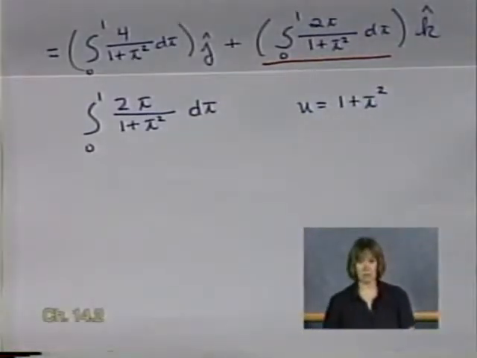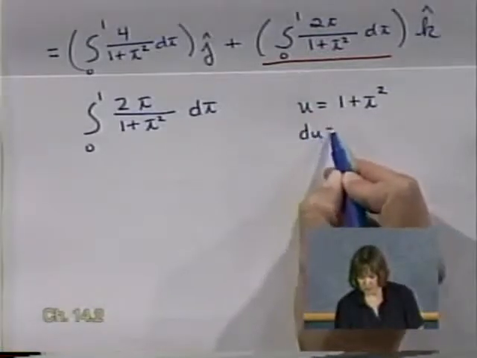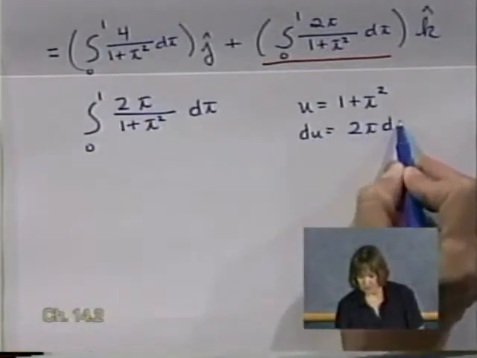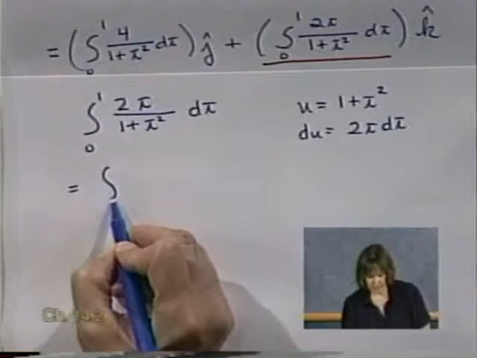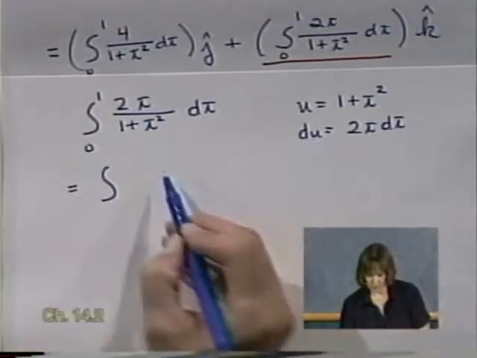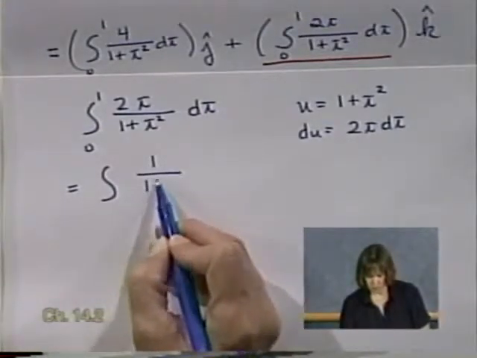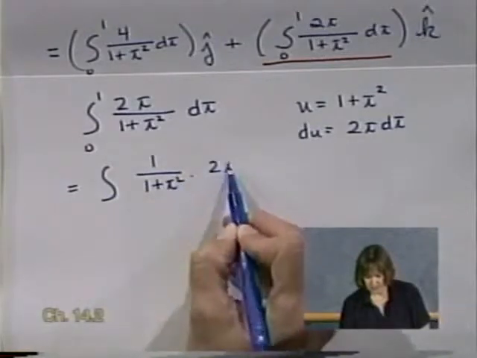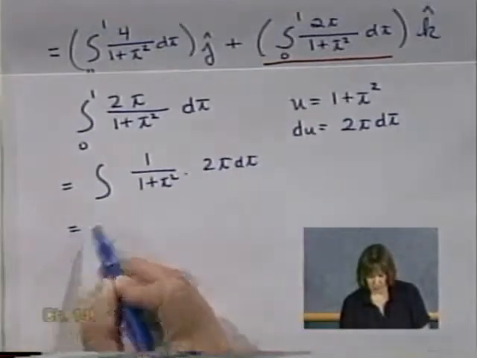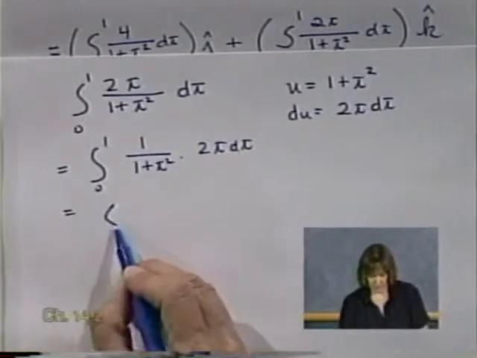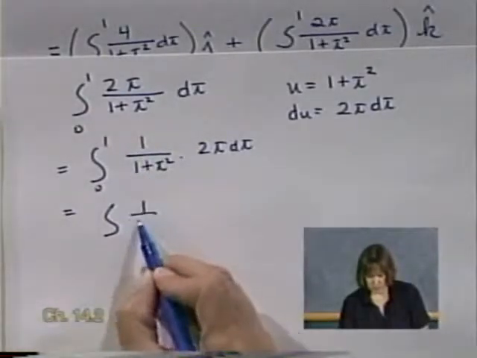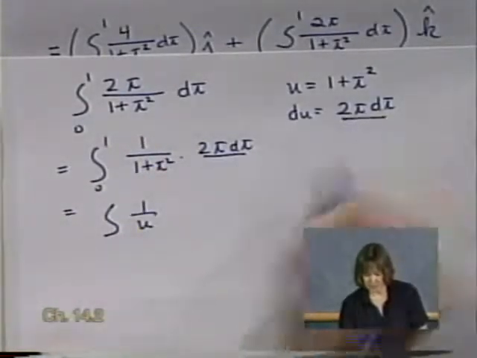If I let u equal 1 plus t squared, notice du is 2t dt. So this is equal to the integral of 1 over 1 plus t squared times 2t dt, and that's from 0 to 1.